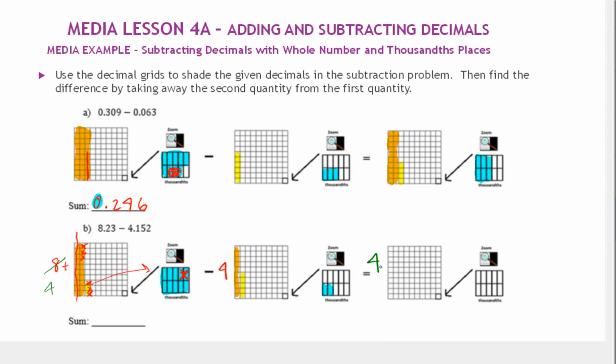We have 4. We did not have any full orange strips. Remember, this one canceled. Here we have 7 hundredths. So we have 7 yellow squares left from that orange strip. And we had 8 thousandths left, so 8 blue.